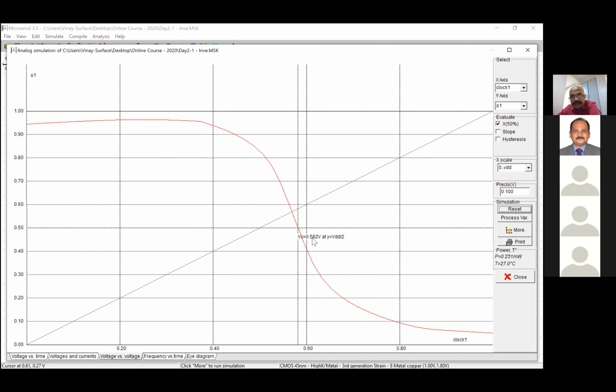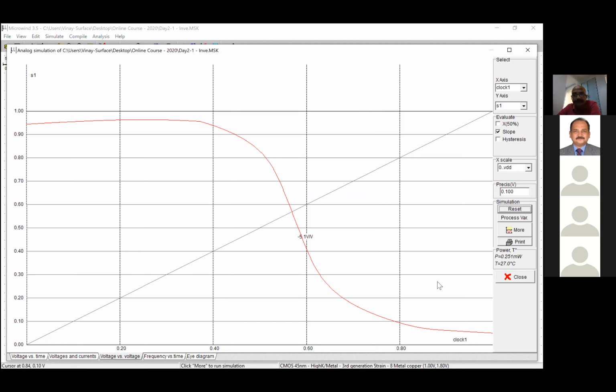If you see this quiescent point, at 0.582 both of the transistors are in the middle of the linear region, and anything above and below this point, both may go into saturation regions. This is around 0.6. Ideally, it should be half of the supply. Now, if you look at the slope of this linear region, the slope is almost -5. That is the gain you will get, and as this is an inverter, the gain you are getting is -5.